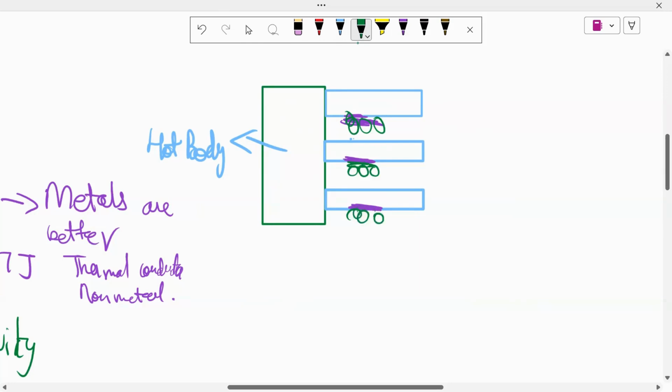So after some time, what we see is that from the second rod, all three balls fell. From the third rod, only two balls fell, and from the first rod, only one ball fell. So what happened is that each material has different thermal conductivity.